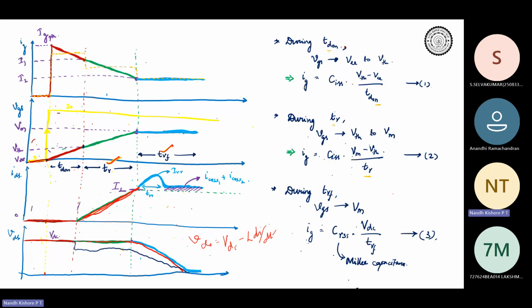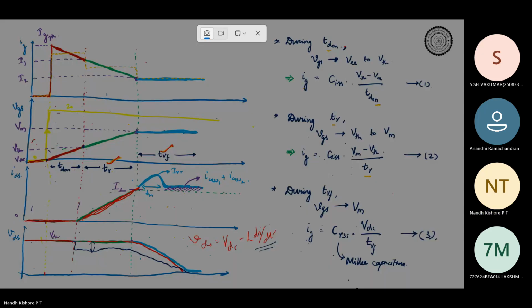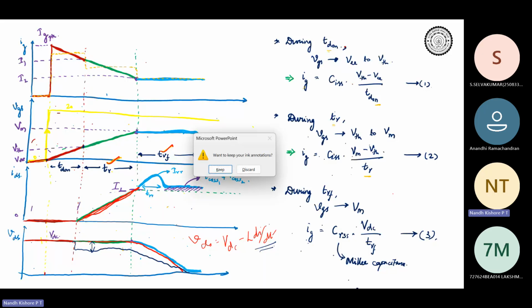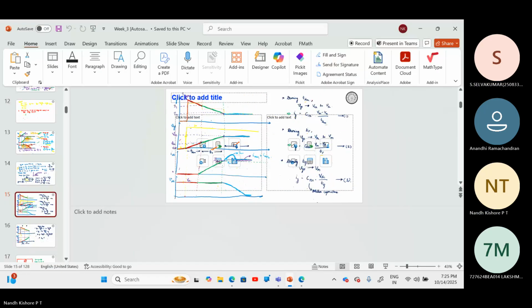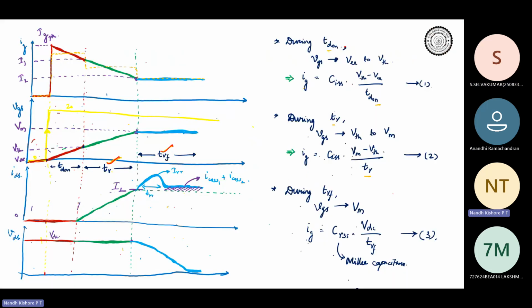Do you understand this particular drop, right? This particular drop is equal to L di/dt. Do you understand this during turn on? Yes. During turn on, it will be just opposite. I think you can understand. It will be something like this.